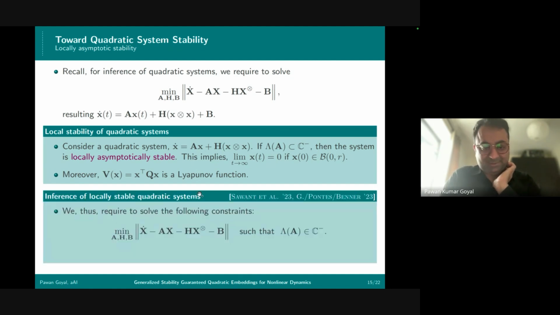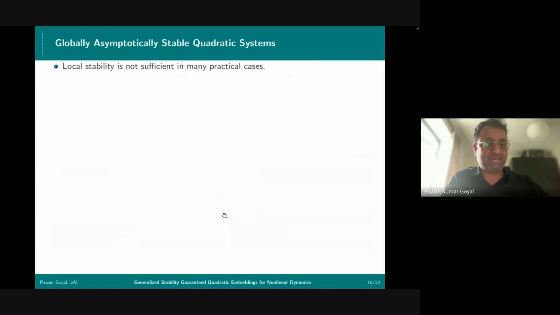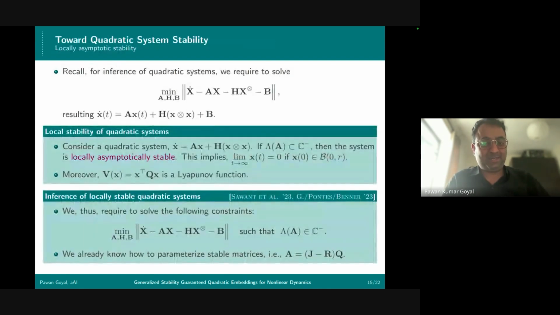That is quite easy to do. Once we only want to learn local stability, we just have to impose the constraints on the eigenvalues of A. We already know how to parameterize a matrix A which is stable, and then we can use this parameterization here, and basically have local stability.